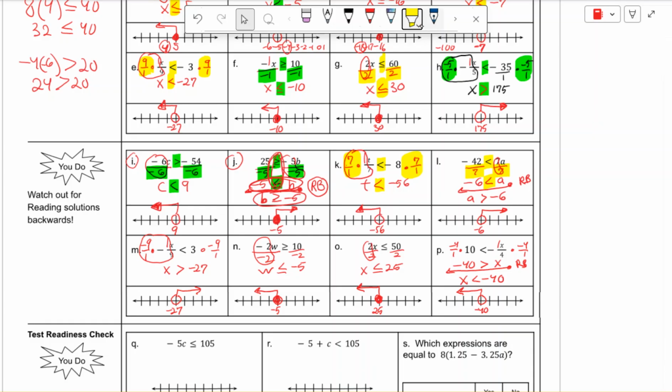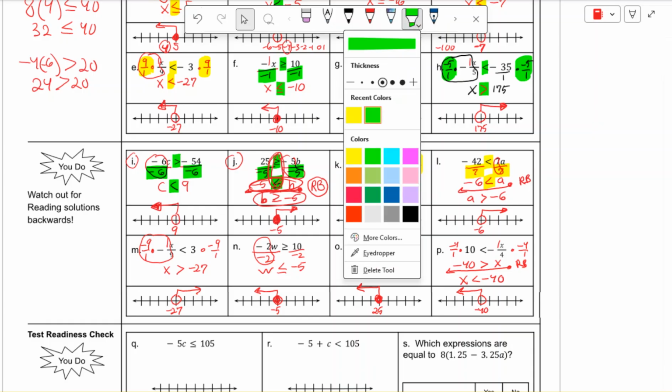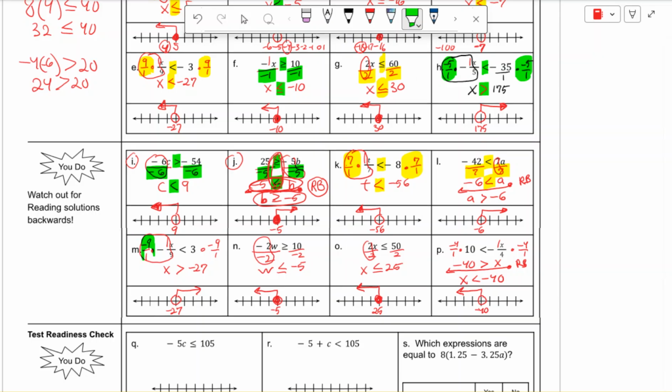Okay, we're back now, and make sure your eraser is ready if you have things wrong and you're not showing your work. All work needs to be shown on all notes for credit. So on M, you can see that we're multiplying by a negative on both sides, so the sign reverses. On N, we are dividing by a negative on both sides, so the sign reverses.